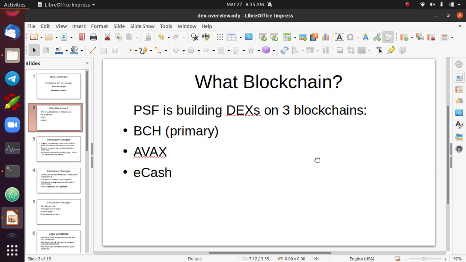So the Permissionless Software Foundation, the PSF, has been given grants by Ava Labs and the eCash GNC to basically fork the DEX and build it on the Avalanche and the eCash chains. Also, the Bitcoin Cash community funded us to build a new token indexer, and as part of that we are also using those funds to build the DEX on the Bitcoin Cash chain.